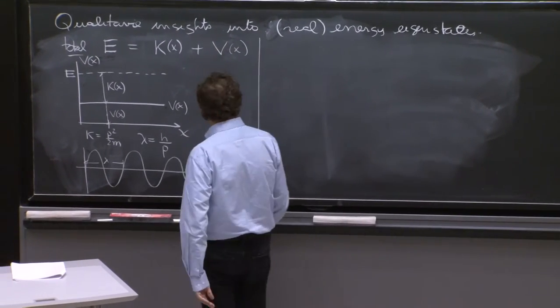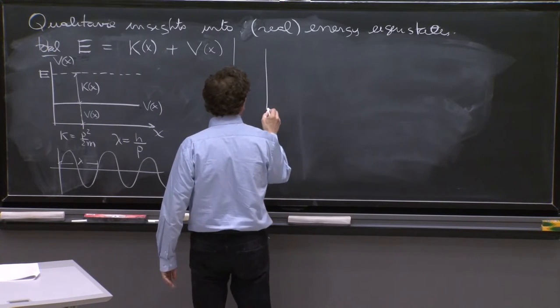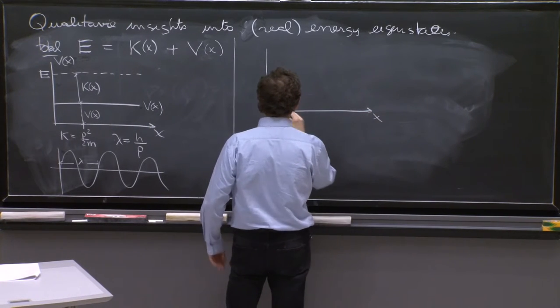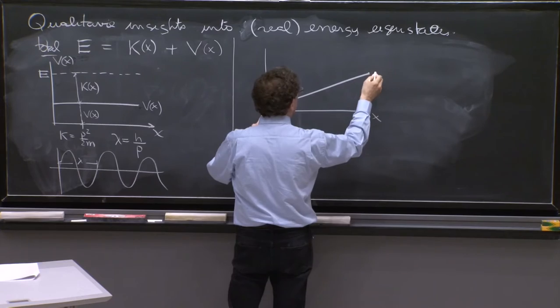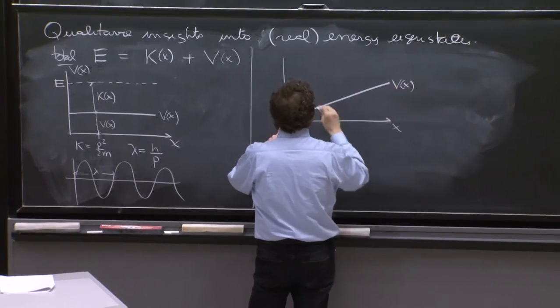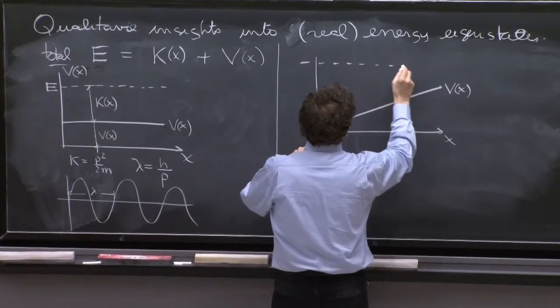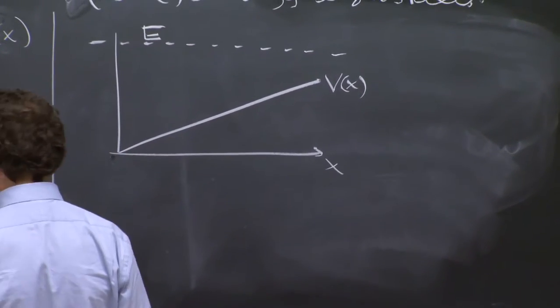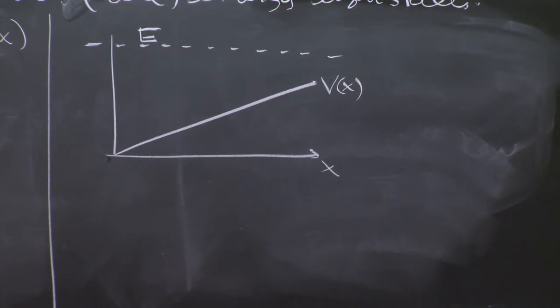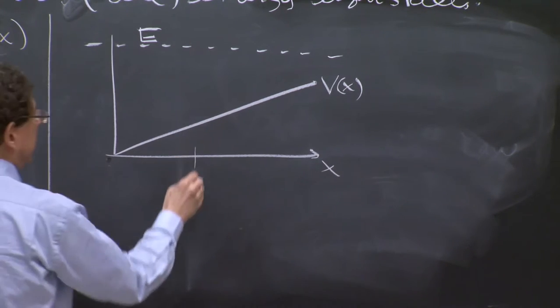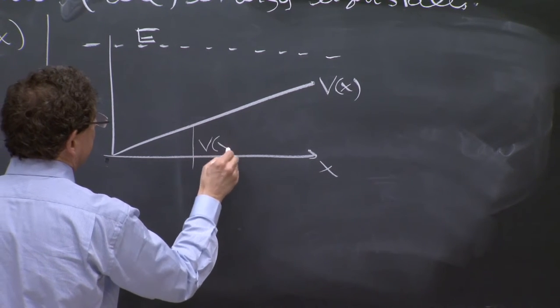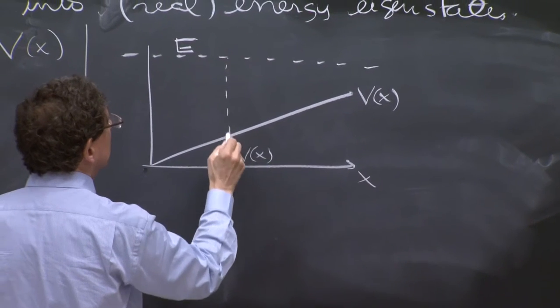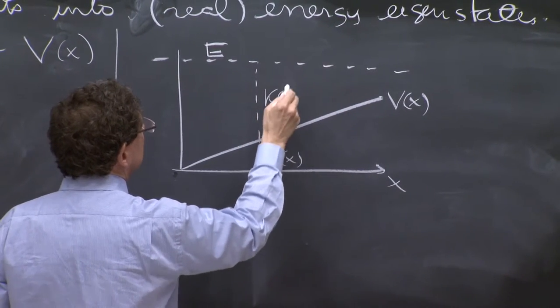But let's do now a more interesting case in which here is x, and the potential is a growing function of x, and there's a total energy here still. So if you are at some point here, here is the potential V of x, and now this is K of x.